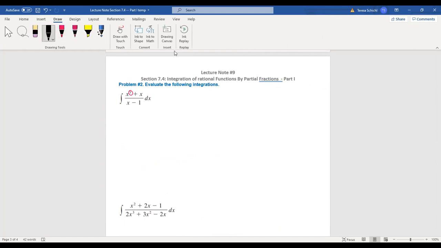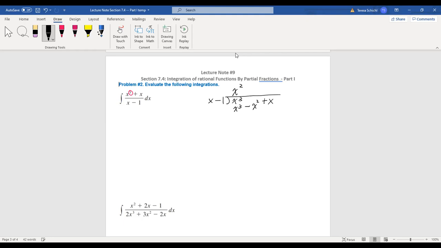So now the top is x cubed plus x, and let's use long division. We start with x cubed, save space for x squared, then plus x, and divide by x minus 1. We want to match the first terms, so it's x squared. x squared times x is x cubed, then x squared times negative 1 is minus x squared.